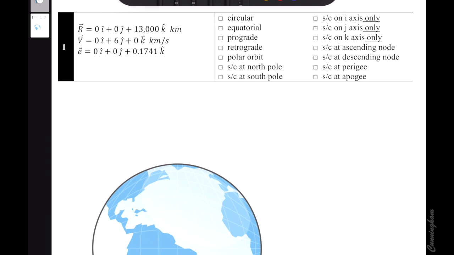So what do we have here? An R vector that puts us in a certain place, a V vector that puts us in a certain place, and an E vector. Remember, it's helpful to remember where these things point. The R vector points towards the spacecraft's location. The V vector points towards the spacecraft's direction of motion.